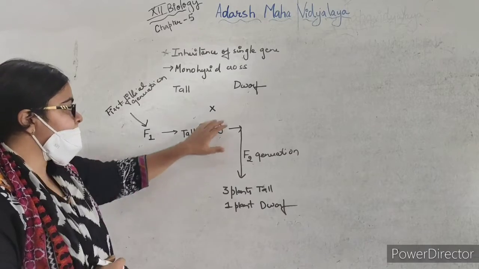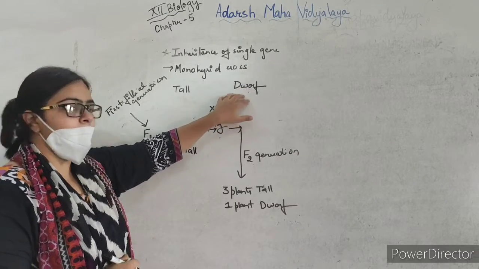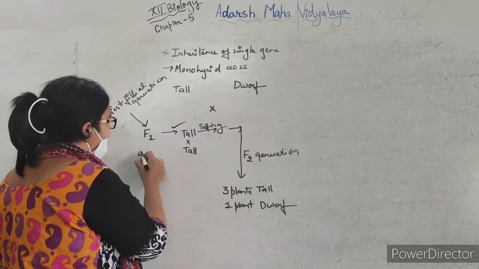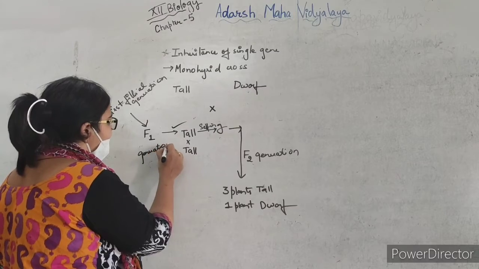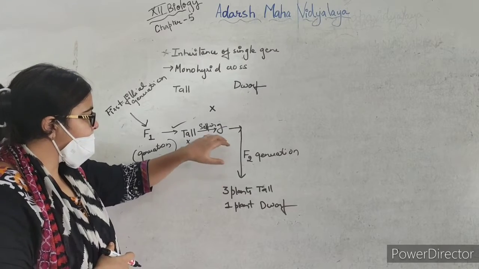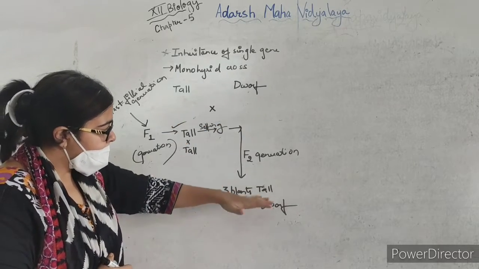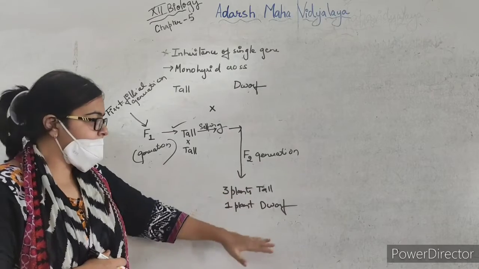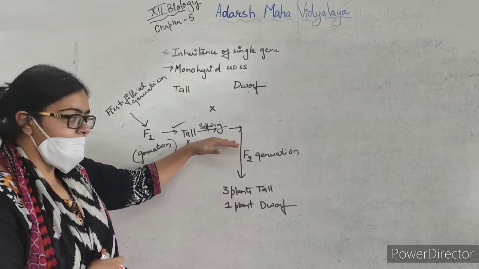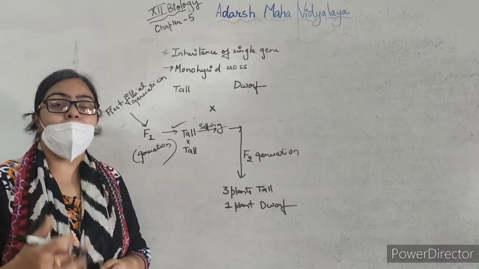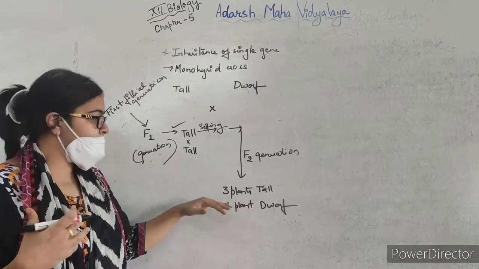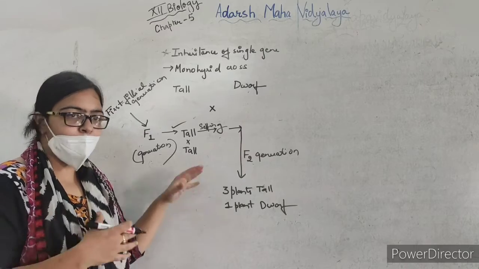So he saw that the dwarf character which was there in the parent was not expressed in the first generation. But again, to his surprise, that particular character, the dwarfness, did come in the F2 generation. So we can say that this dwarf character was there in the plants of the F1 generation, but it was not able to express itself, and then in the second generation it was able to express itself.